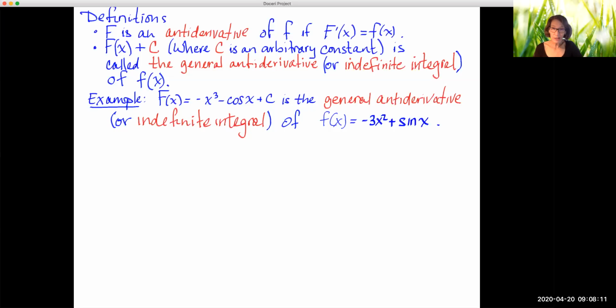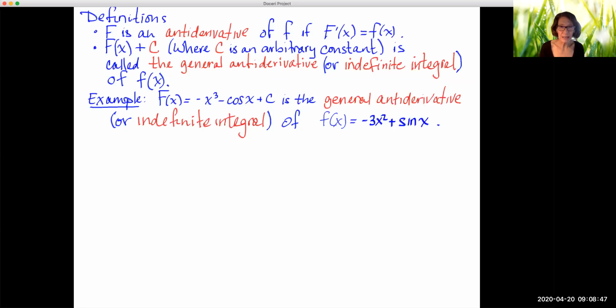I did this kind of quickly, but if you differentiate the first one, capital F of x, you'll get little f of x, right? So that means that capital F of x is the general antiderivative, because it has an arbitrary constant c.